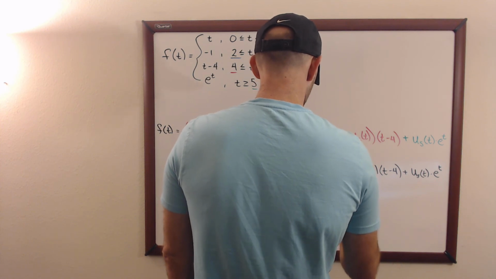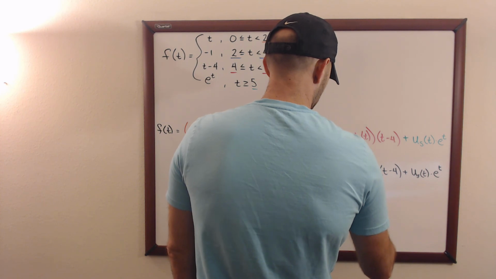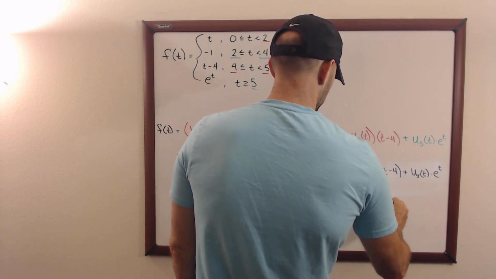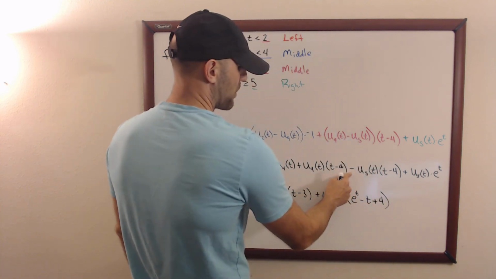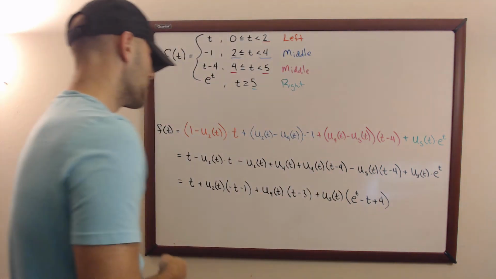So factor out the u sub 5 of t, and that gives me e to the t minus t plus 4. Again, I factor out u sub 5 and then distribute the negative sign into this term here.